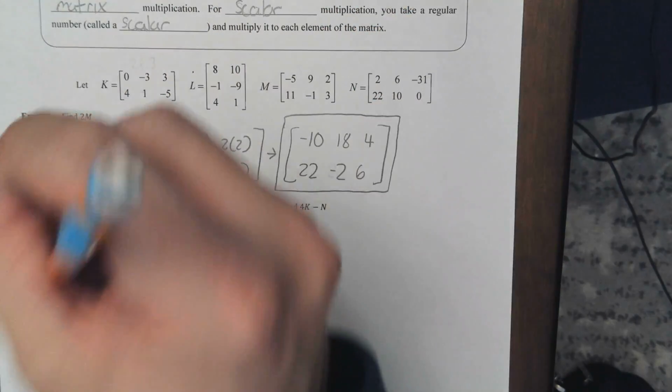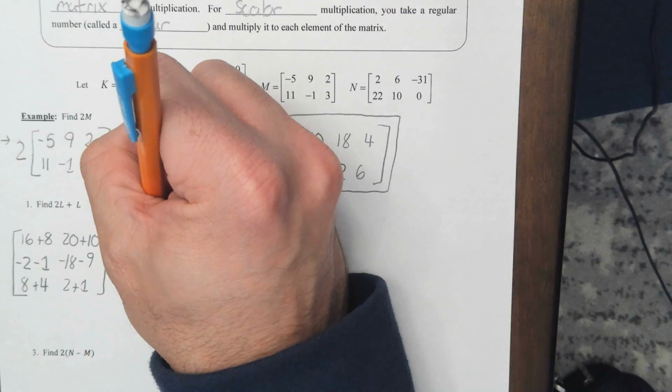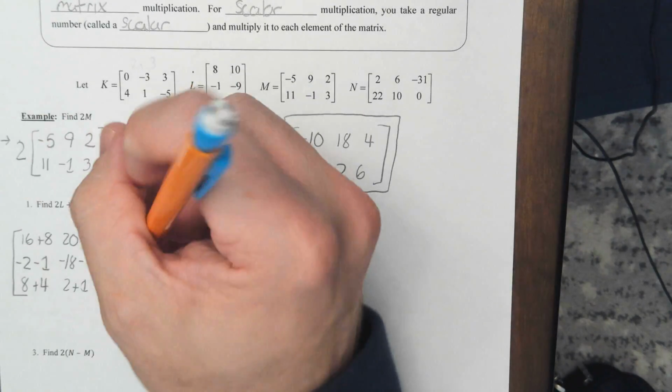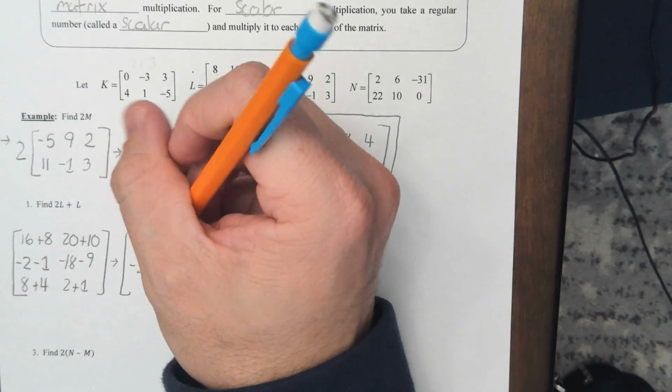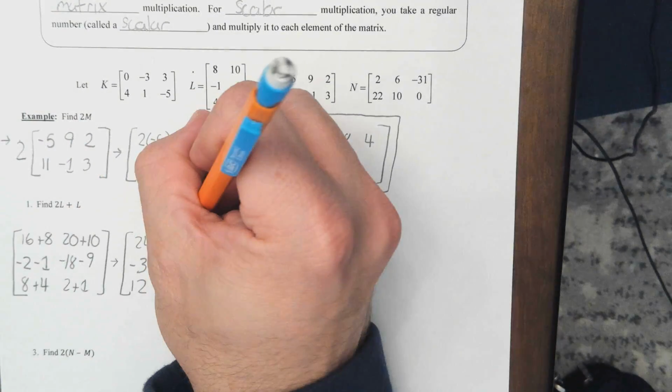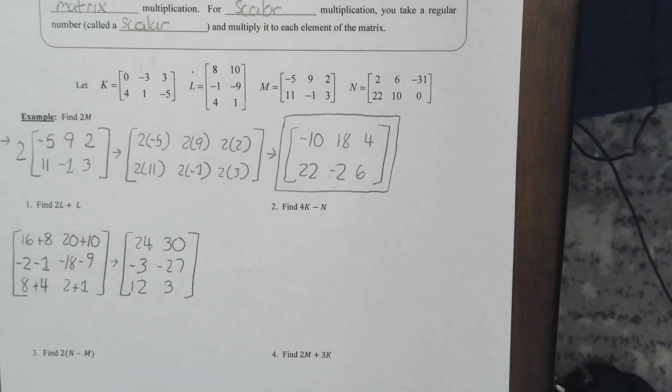And so now we combine this together, 16 plus 8, that's 24. 20 plus 10, 30, negative 2 minus 1, negative 3, negative 18 minus 9, negative 27, 8 plus 4, 12, 2 plus 1, 3, and there you go.